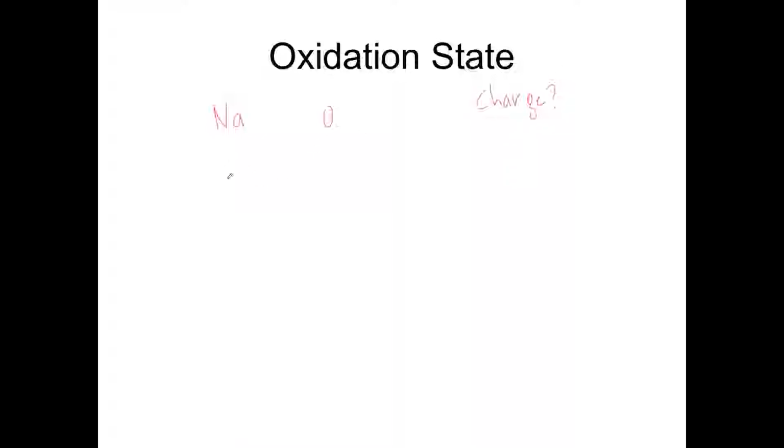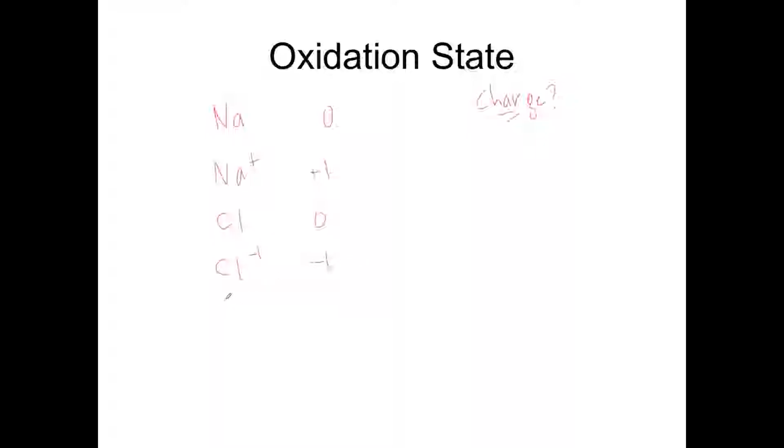Okay, so it's kind of like charge. All right? Well, what about if you have sodium as an ion? What's its oxidation state? Well, if it's like charge, then its oxidation state is +1. Okay? So what about chlorine? What is its oxidation state? It's 0. What about chloride?